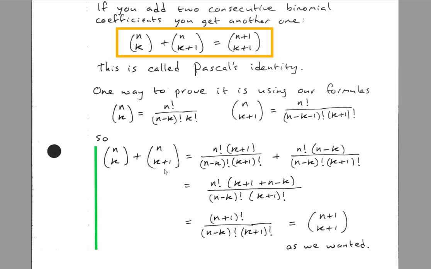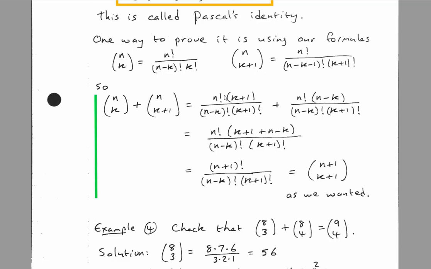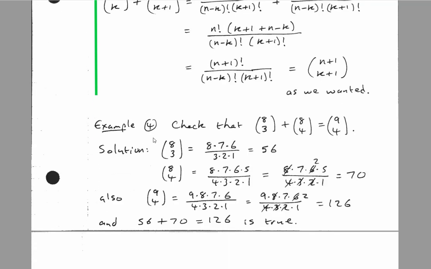There is maybe a more enlightening proof in the book using choosing arguments, comparing choosing from a set of size n to a set of size n plus 1 as the subset increases. But we can at least check the formula is good. Example 4. Check that 8 choose 3 plus 8 choose 4 is equal to 9 choose 4.